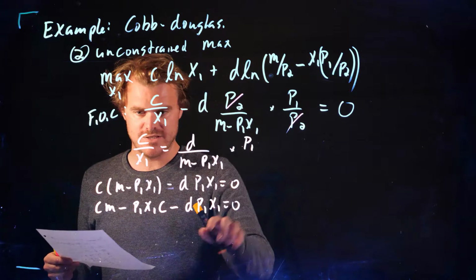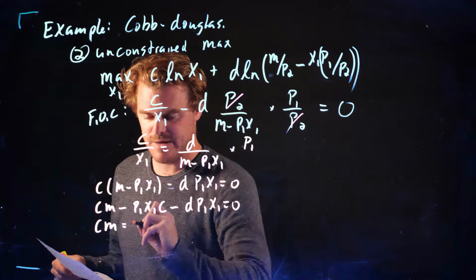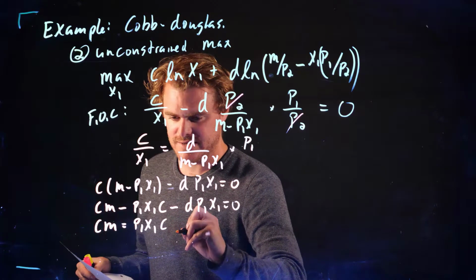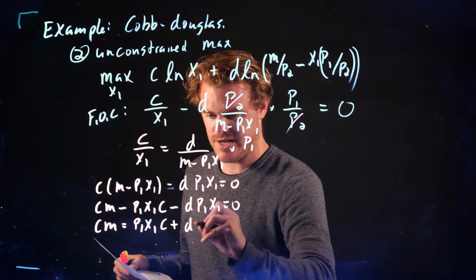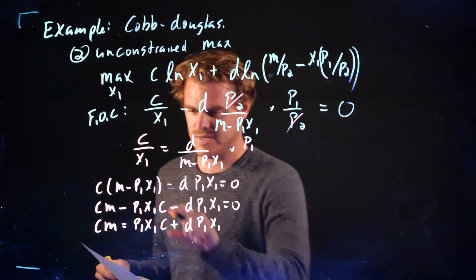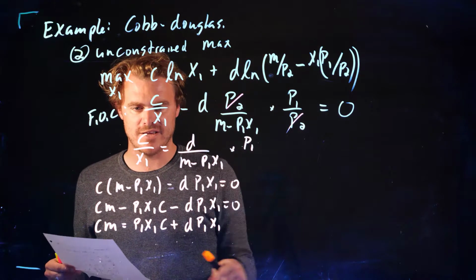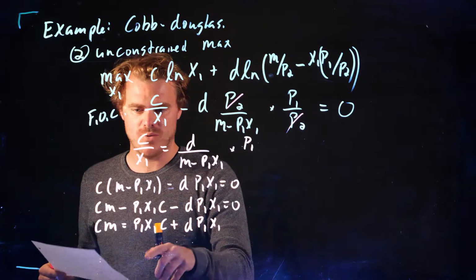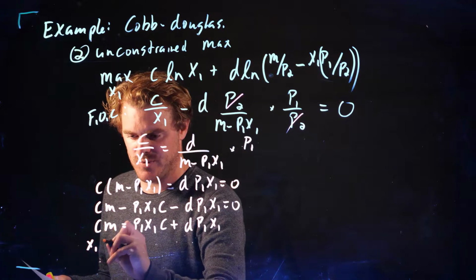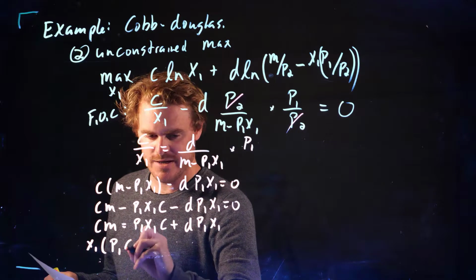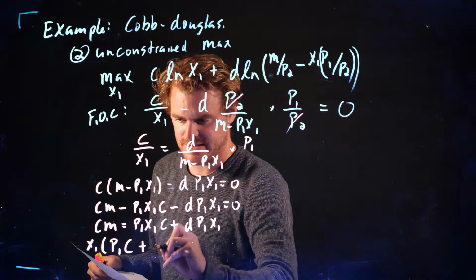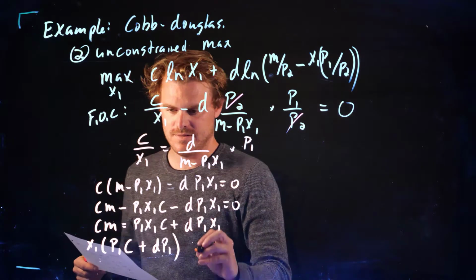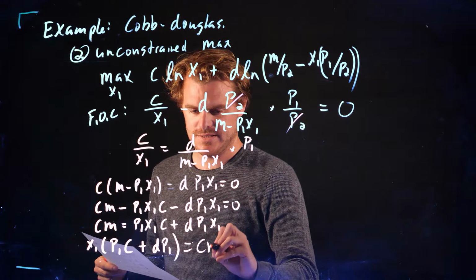So we can move these to the other side. So cm, maybe I'm not doing this in the most efficient way, equals p1 x1 c plus d p1 x1. So I'm moving these last two terms back to the other side. And then I'm just going to take out x1 here. So x1 times p1 c plus d p1 equals cm.